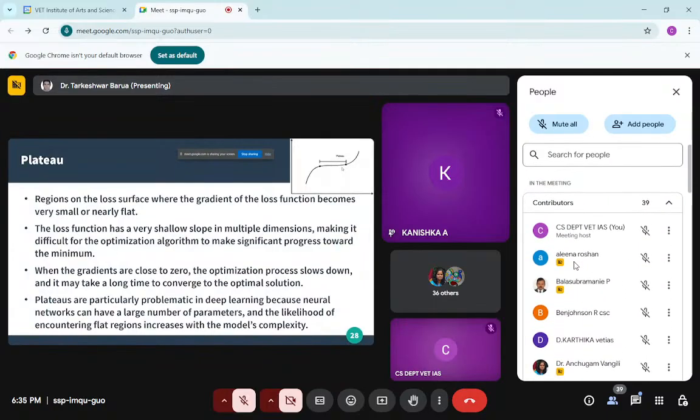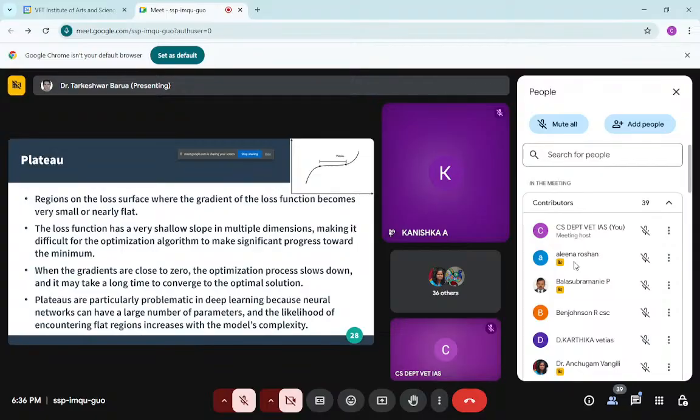The loss function has a very shallow slope, like a straight line in multiple dimensions, making it difficult for the optimization algorithm to make significant progress towards the minimum. When the gradients are close to zero, the optimization process slows down and it may take a long time to converge to the optimal solution.